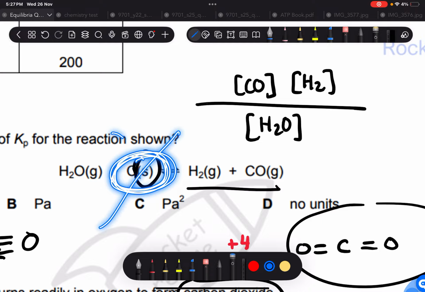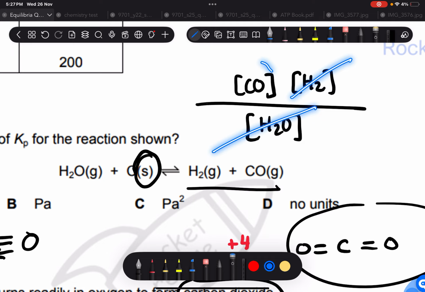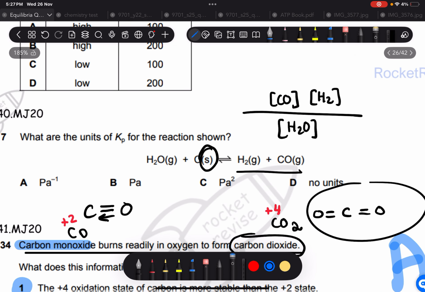We are not going to include this concentration. Why are we not going to include this? Because it's a solid, and solids don't have concentrations. Simple. So this cancels with this, so it's simply going to be Pascal, which makes option number B correct.